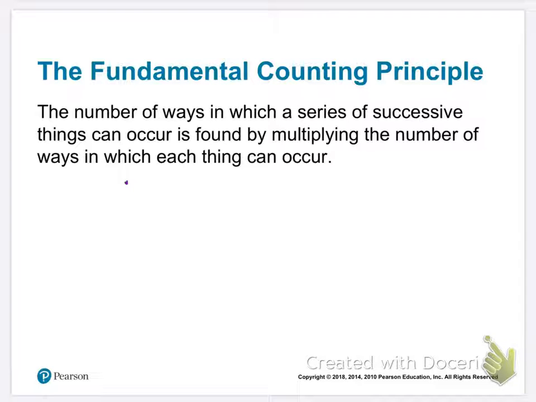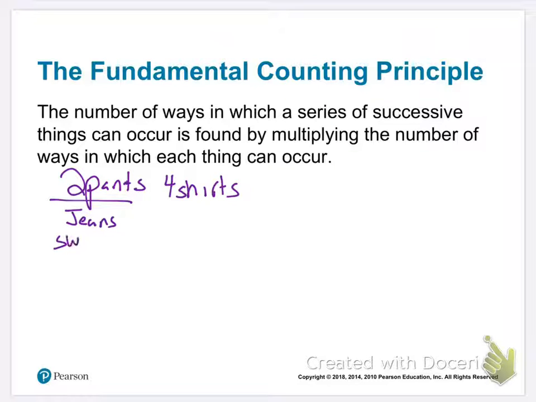So, on our piece of paper, I gave you the definition, and now you're going to pick out outfits. You have to pick out an outfit for our stay-at-home order, and you have 2 pairs of pants, jeans and sweatpants, and you have 4 shirts.